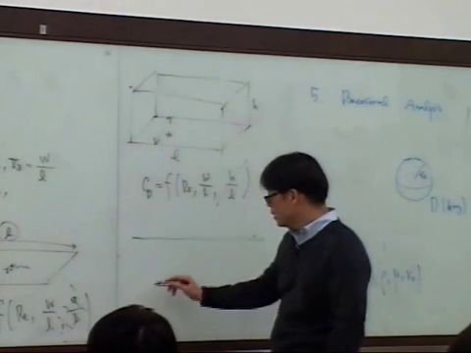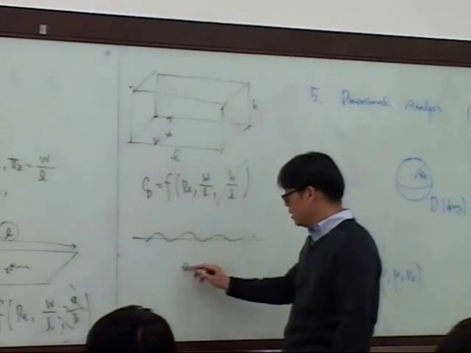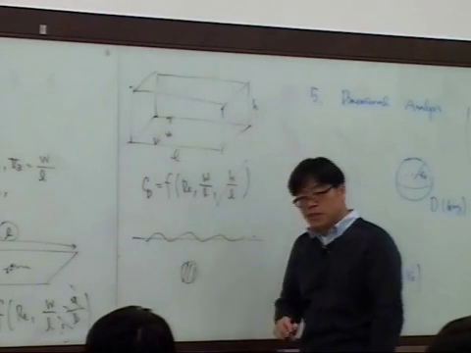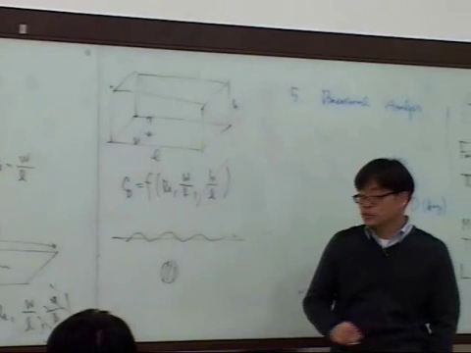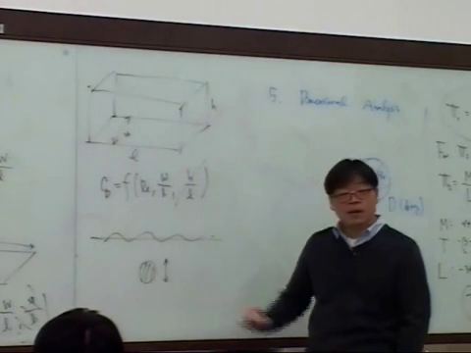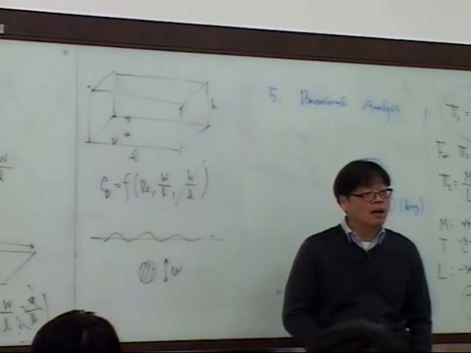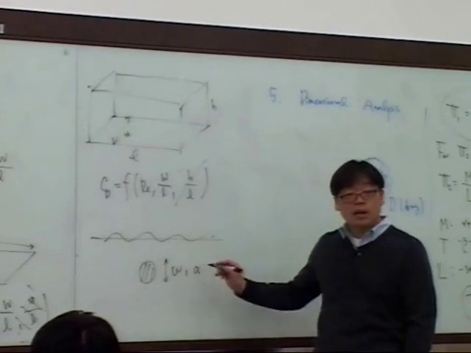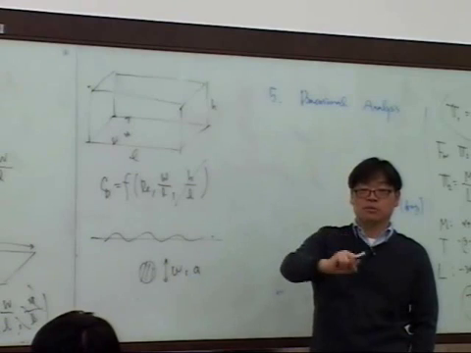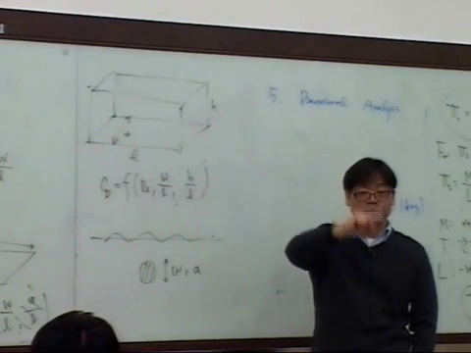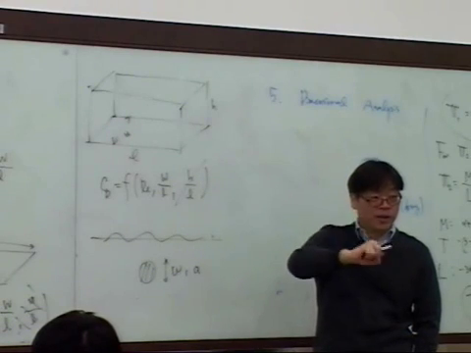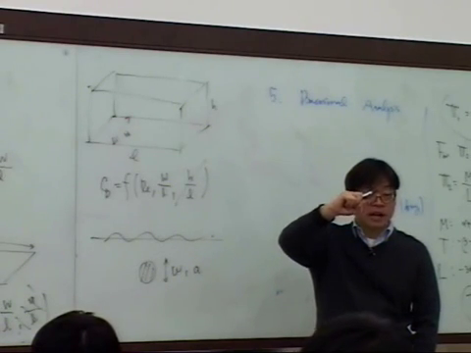Another example, let's say a cylinder is moving up and down with a frequency omega with the amplitude A. So the cylinder is moving up and down with the amplitude. And so you have to specify frequency, right? But frequency is not enough.